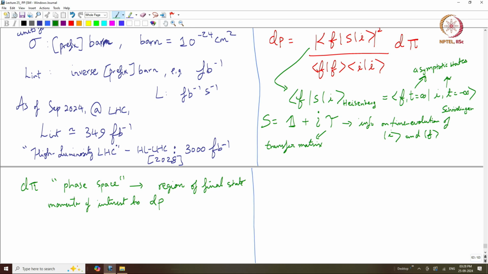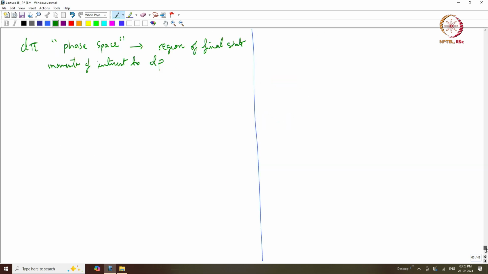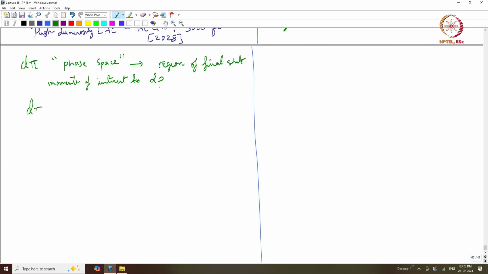If that is a mouthful, let us just write an expression, it will become clear. So in other words, this d pi, now this pi is different, is a product of basically the total number of available states in phase space. So, how do you write that?